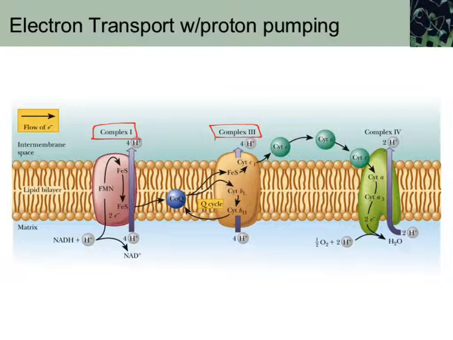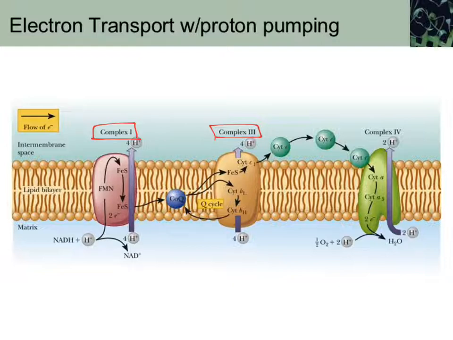Complex 2, and I could be wrong on that one, but I think that's right, is our FADH2 carrier. So it is involved as kind of a secondary feature. It is not necessary for the electron transport chain because complex 1 can shuttle enough electrons into complex 3 that we don't need an extra one, but complex 2 will also supply electrons. Those electrons go through a similar process into complex 3.